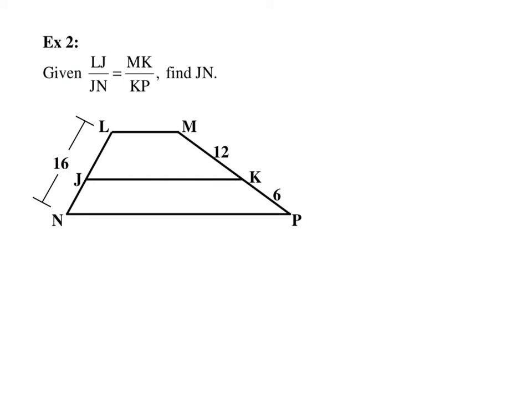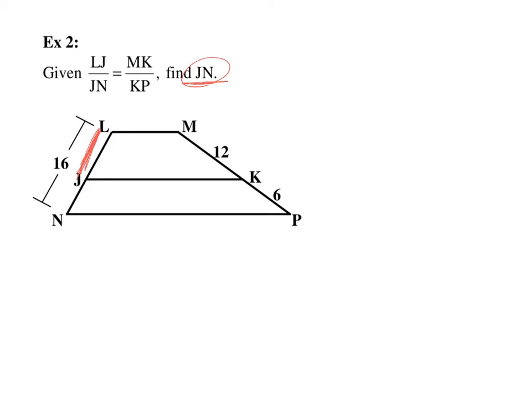All right, for example 2, given LJ over JN is equal to MK over KP, find JN. LJ is equal to what? I don't know what it's equal to, but I'm trying to find JN. Your goal here is to create an expression that's equivalent to LJ that includes JN.